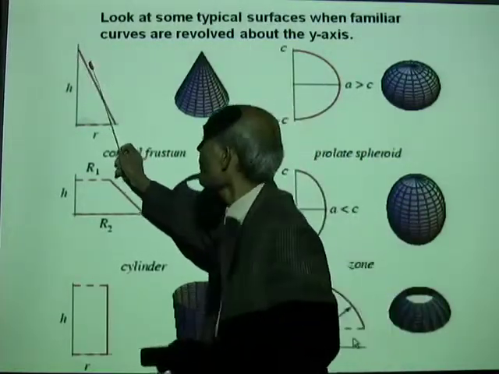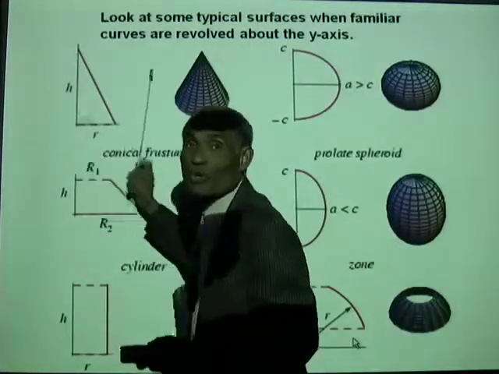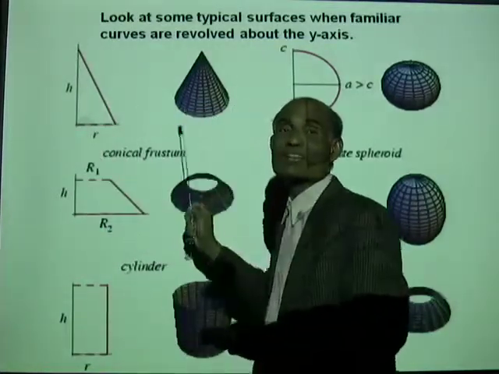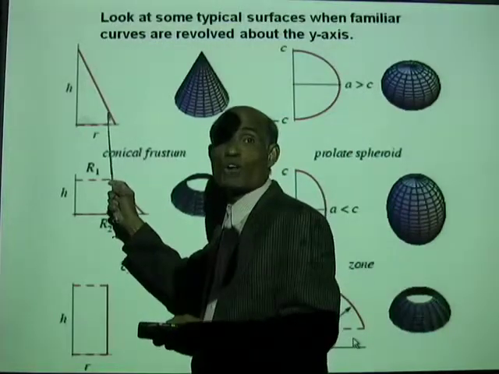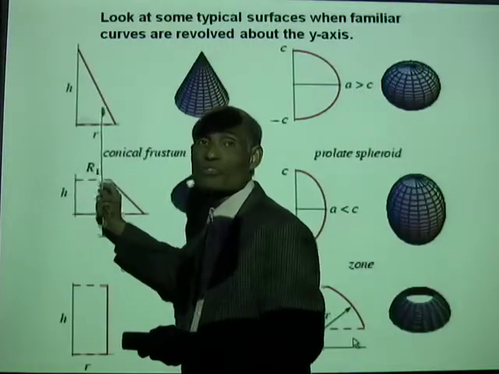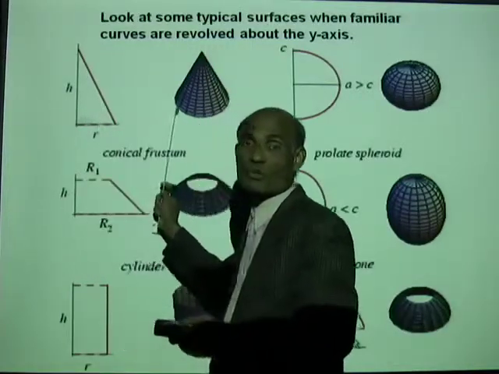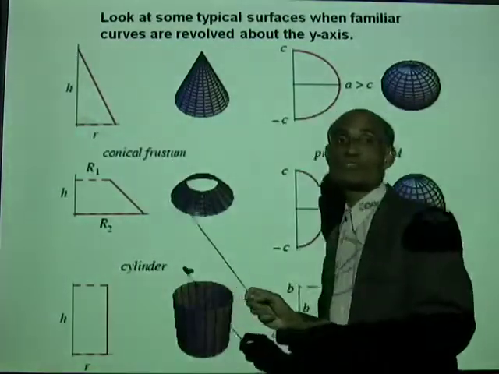If you revolve that line about the y-axis, look at the beautiful cone that is generated. If you take each point on this and revolve it about the y-axis, you generate these circles. And you can see all these circles finally generate that surface.